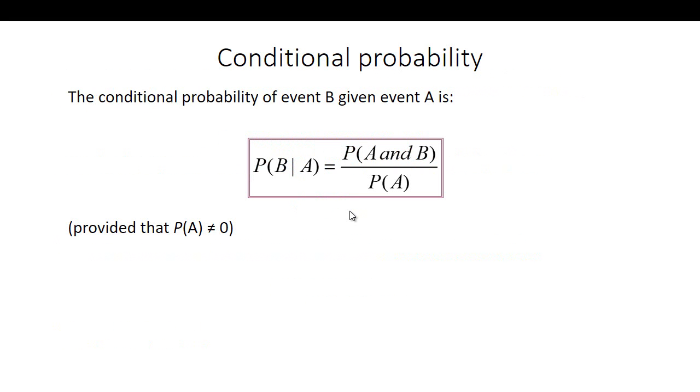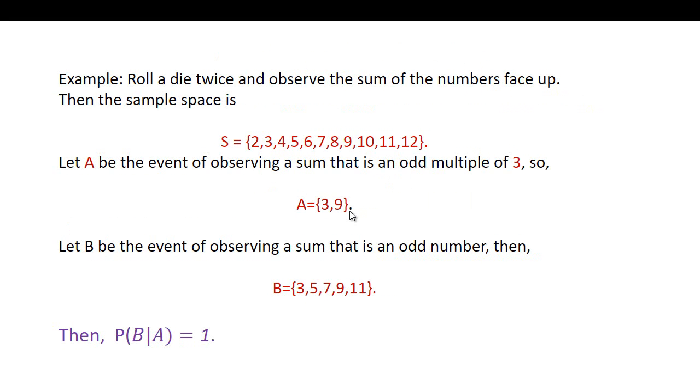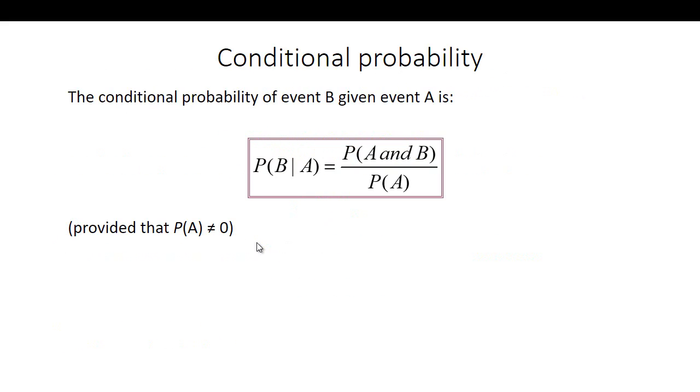We take the probability of A and B divided by the probability of A. The intersection of A and B is A, because A is inside of B. So we divide the probability of A by the probability of A, which is 1.